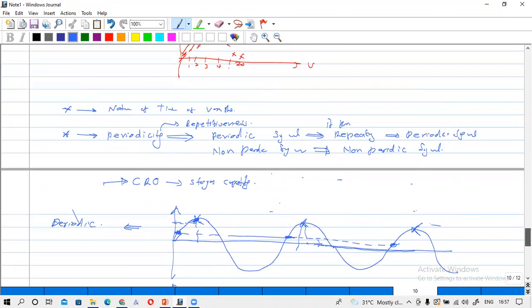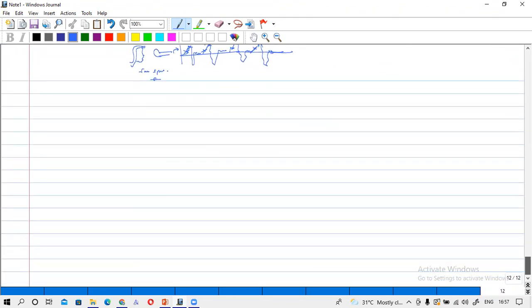So these are periodic signals. I hope you understood it. Now we will see some properties of periodic signals.